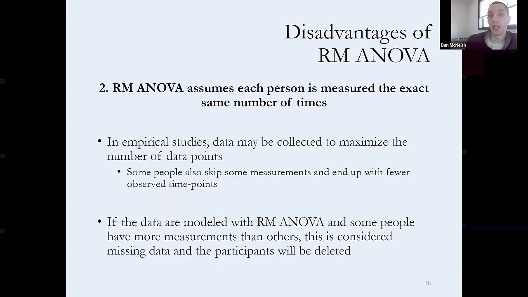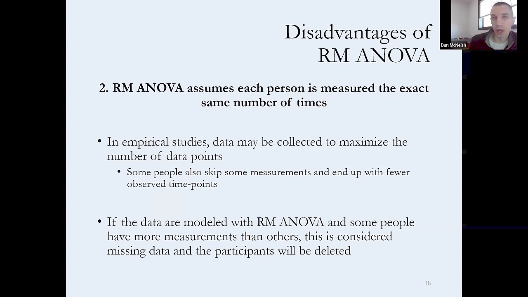Another potential disadvantage of repeated measures ANOVA for modern longitudinal data is that it assumes each person is measured the exact same number of times. Because time is treated as a factor variable, if you have five different levels of that factor, it assumes everyone has all five.